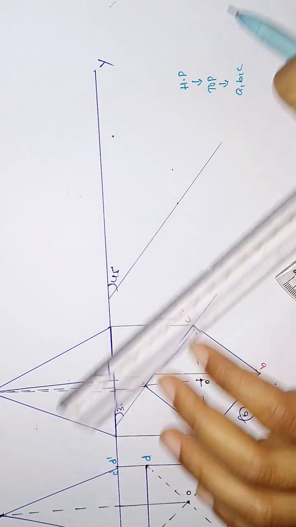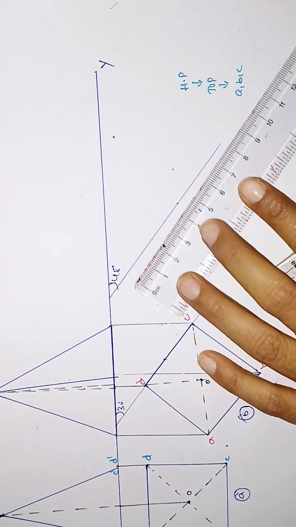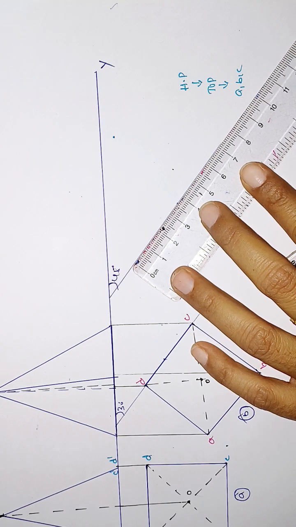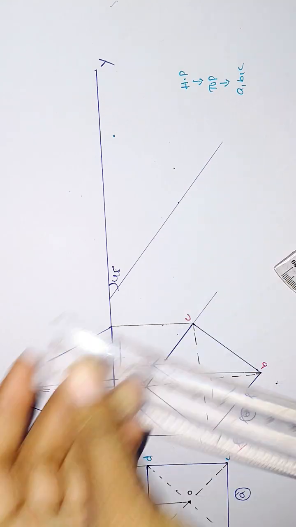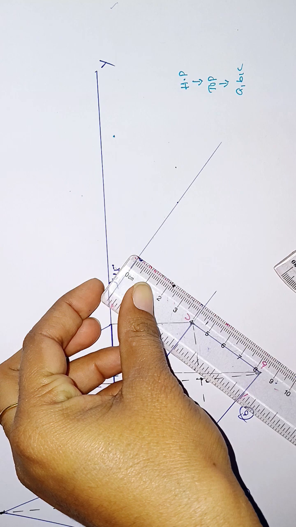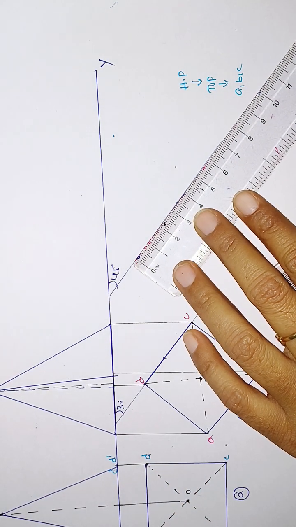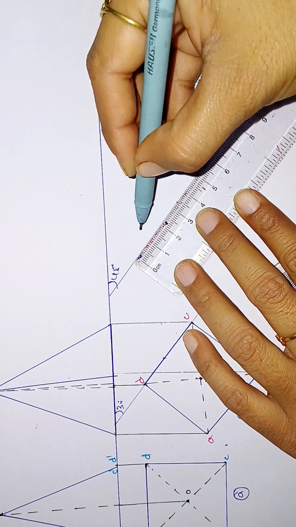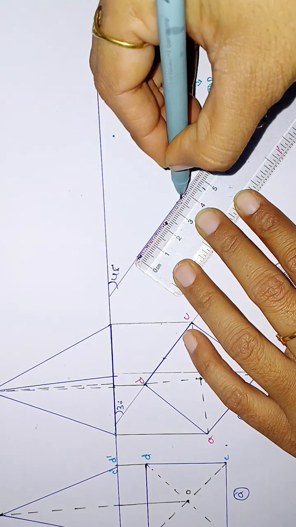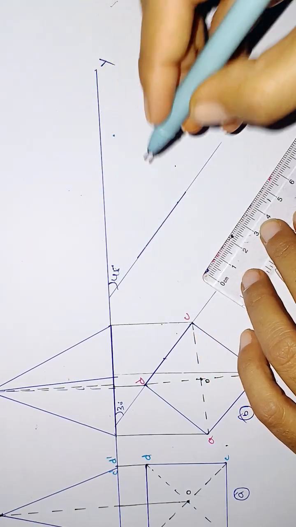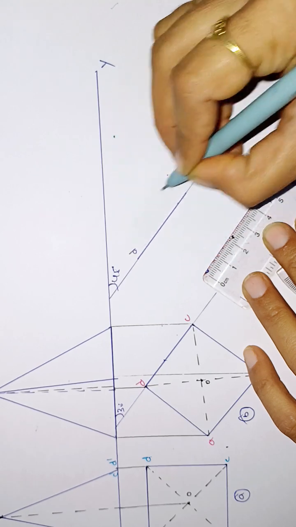Have to mark the 40 mm. To mention 40. So you have to mention the 40 mm. And this point should be already known, D and C. Why?